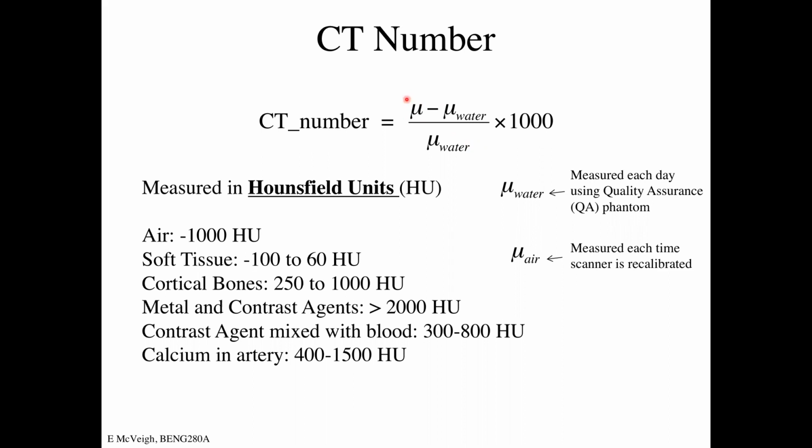So it's the fractional difference between water and whatever the substance is times 1,000. And this gives you some very nice integer values between -1,000 and about 5,000. And back in the day when digital encoding relied on smaller numbers of bits, you needed something that was in that order.